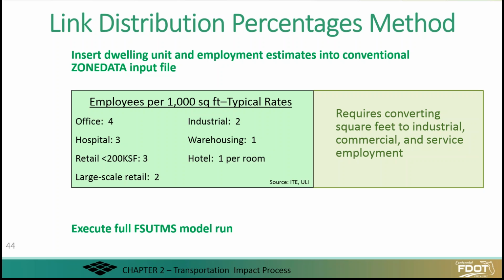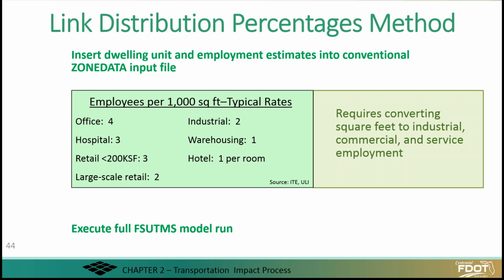So if you have an office location that's 10,000 square feet, you would take 4 office employees per 1,000 square foot. That would give you 40 office employees, and you would then put those 40 employees in the appropriate location in the model's zone data file.